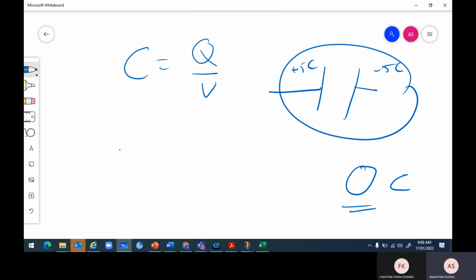When two charges are separated, work is done. Whatever work done, it stores as energy, potential energy.